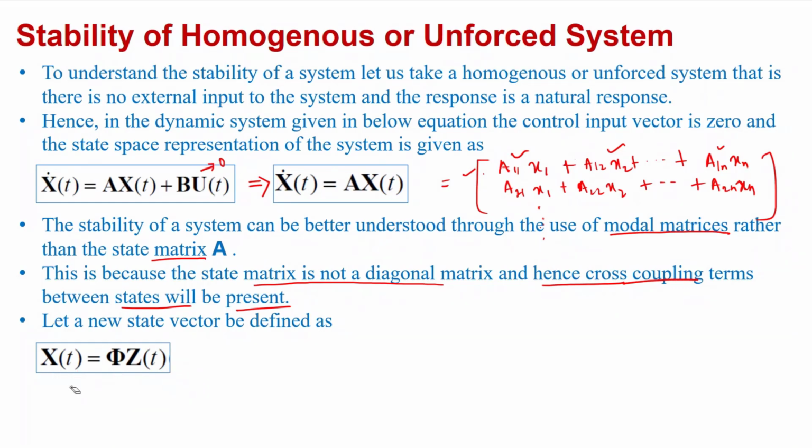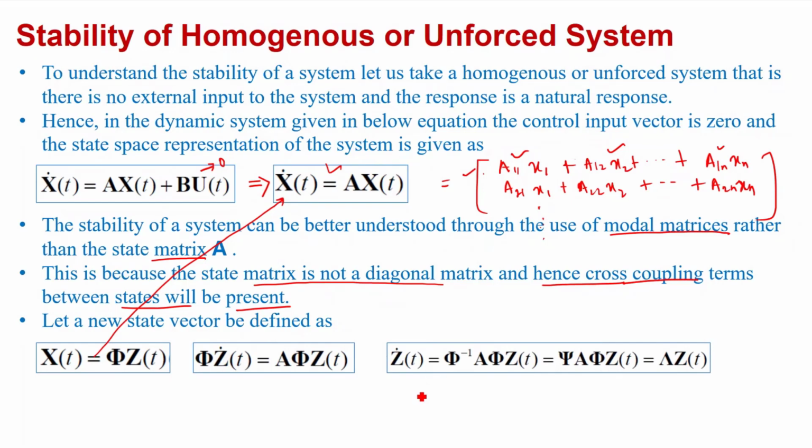Substituting x(t) in the above equation, what do we get? Phi z dot(t) equal to A phi z(t). Now multiplying phi inverse on both sides, we get z dot(t) equal to phi inverse A phi z(t).